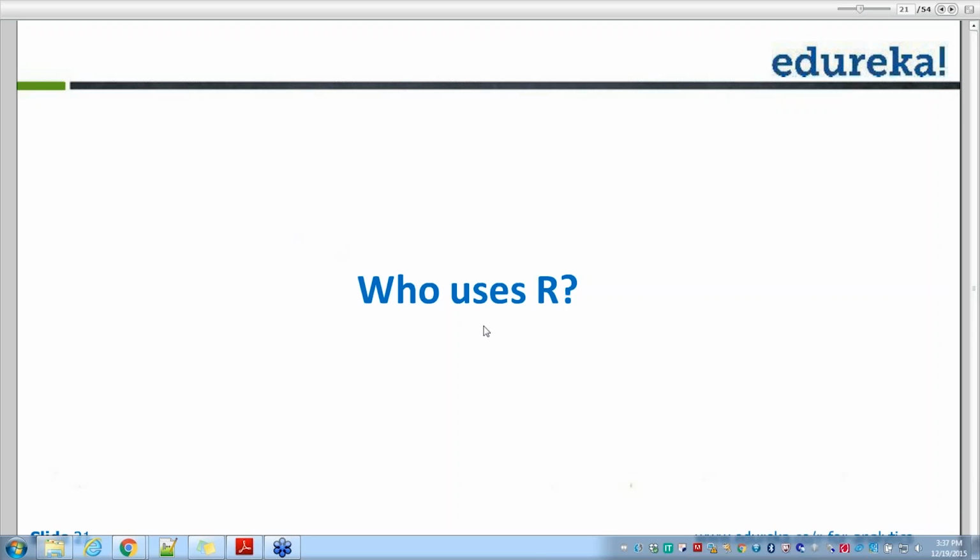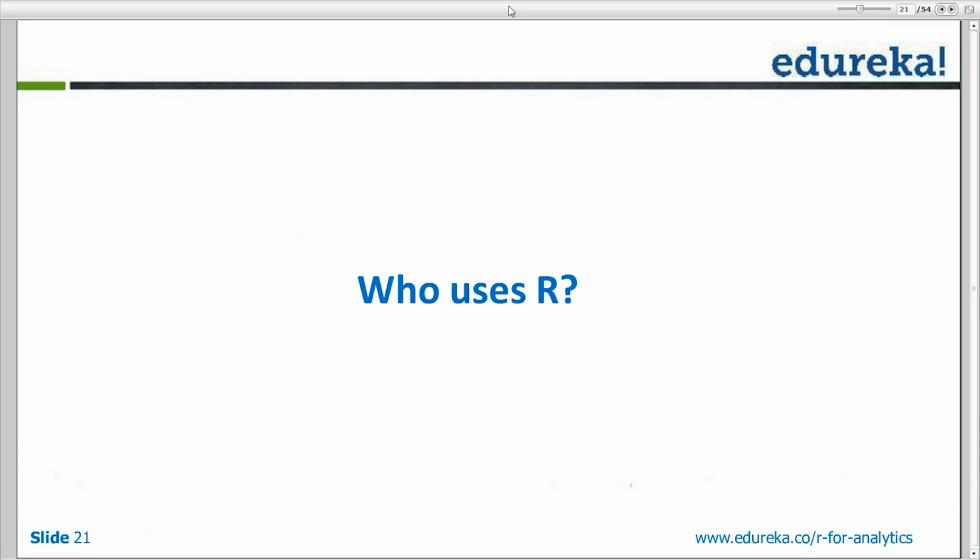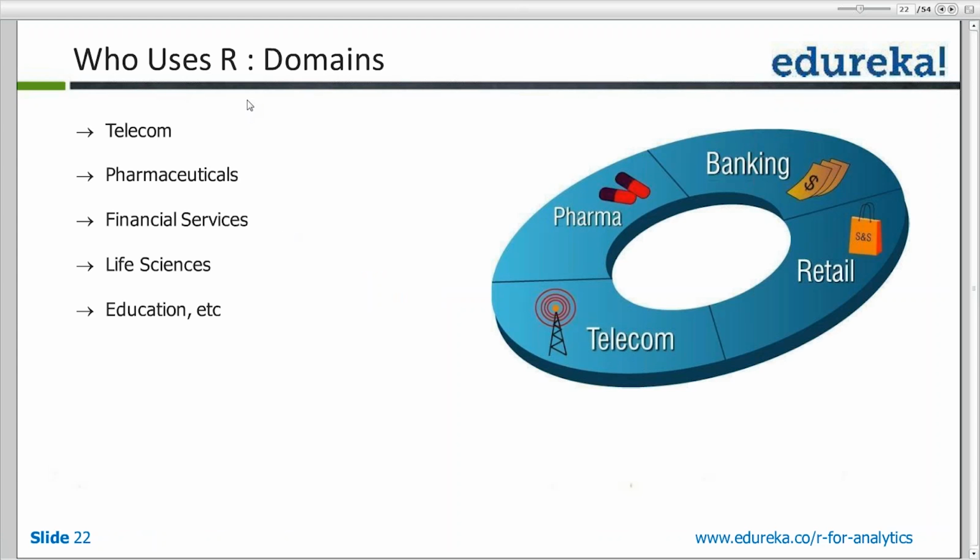Okay, thank you. So let's move on. The point at which we left off was here. Who uses R? The users of R are many. Speaking of the domains in which R is extensively used, it could range from telecom to education and everything in between.